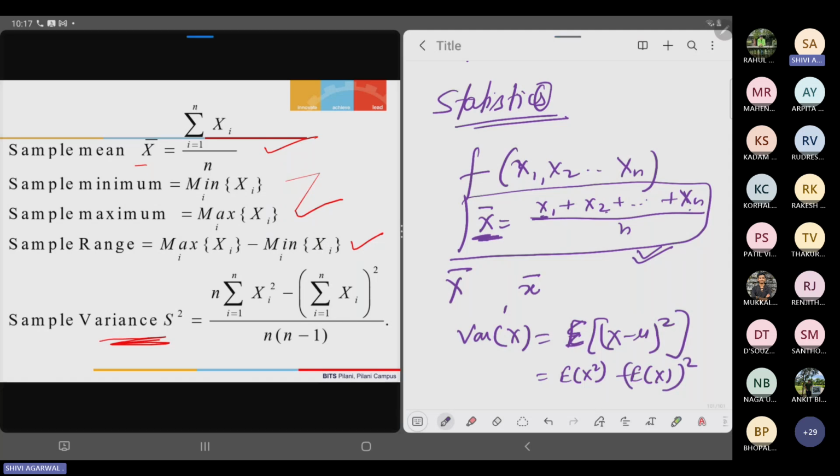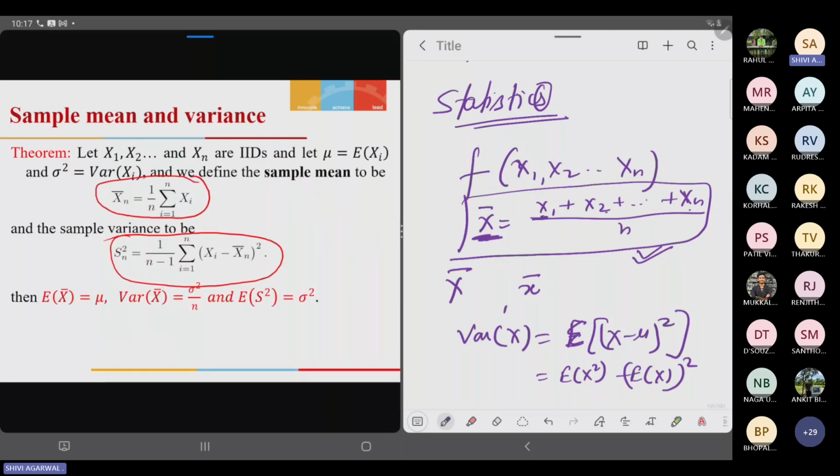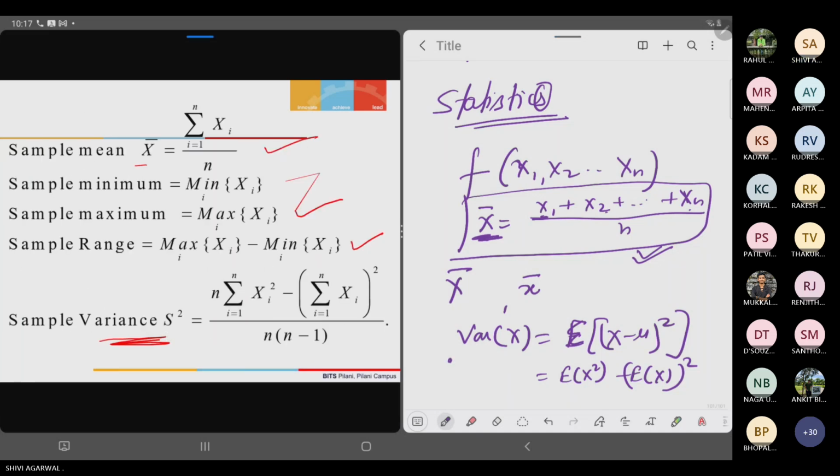Same here: the basic definition is this one, but the computational formula we apply is n times summation of xi square minus (summation of xi) whole square, divided by n into n minus 1. This is known as the computational formula of sample variance, and the earlier formula was the basic definition of the sample variance, correct?